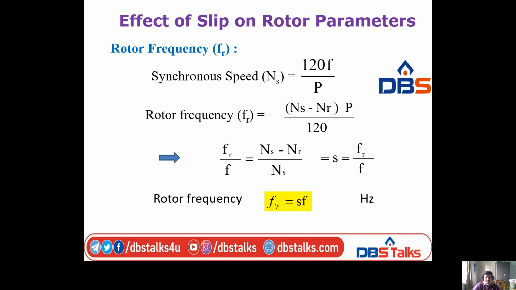So this looks like the slip. Therefore fr is equal to s into f. Rotor frequency is equal to stator frequency into slip. Hence the rotor frequency in running condition is slip times the stator frequency, or supply frequency.